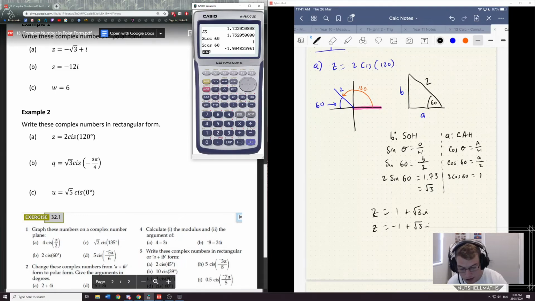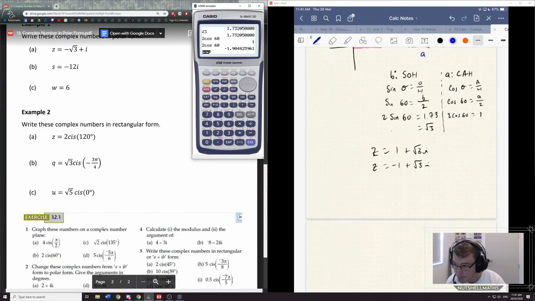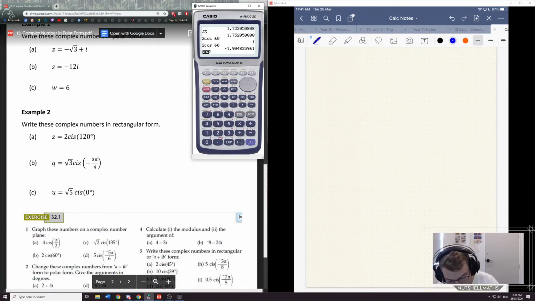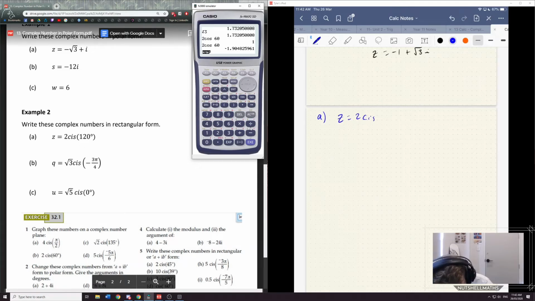Let's do the same question, but in a much easier way. Okay? So the same question, let's have a look. We've got z equals 2 cis 120. Right?